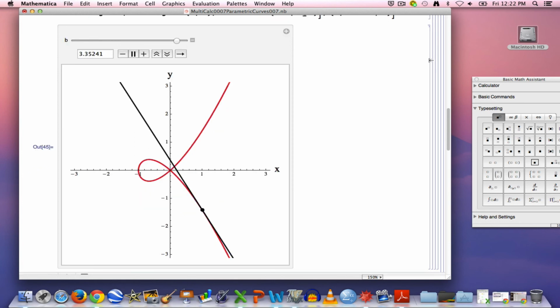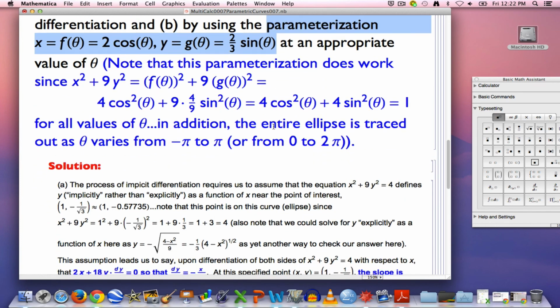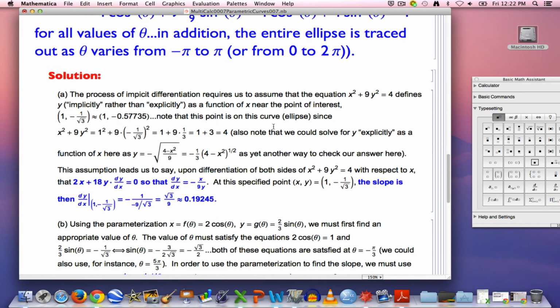Here's your exercise. It's similar, except now we're parametrizing an ellipse. And here you can also solve for y explicitly as a function of x, but you don't have to. You can use implicit differentiation. I also want you to notice that with the parameterization, I'm using a different letter. I'm using a theta. It's a natural thing to do here. And here's the answer.